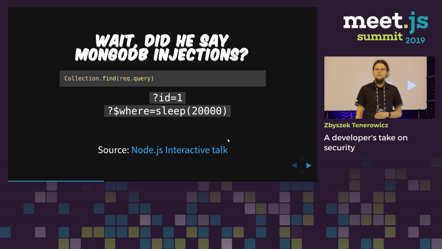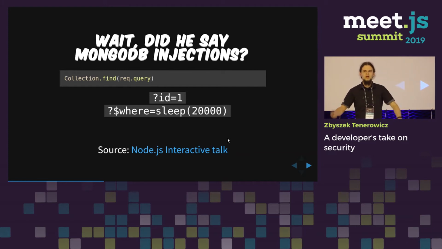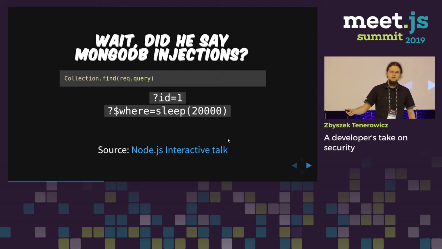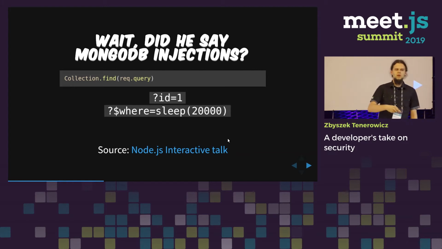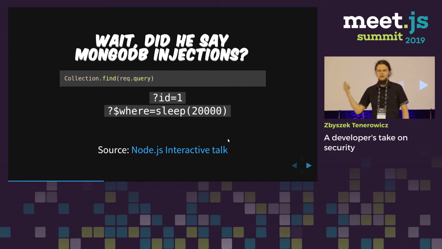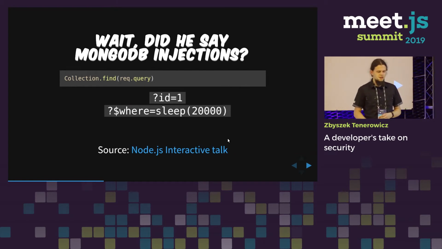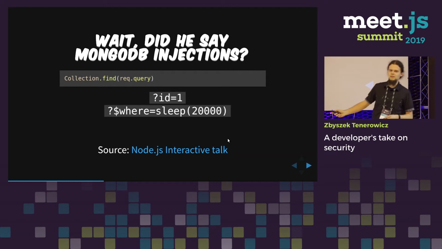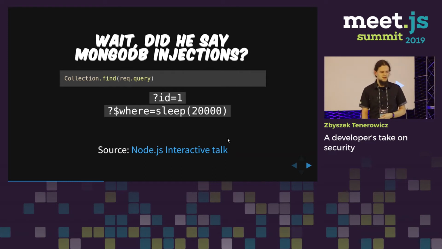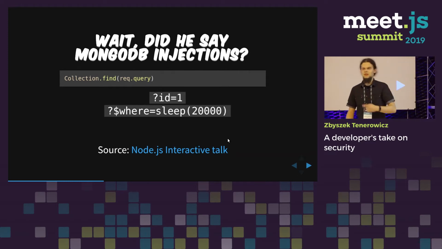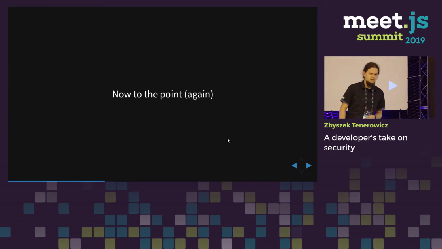You can do this, and it's going to stop MongoDB responding to you for 20 seconds. If you do 5 of those, you're going to exhaust the pool of connections. So you've stopped the app from requesting the database for 20 seconds with 5 requests. Pretty good. There's a whole talk about it, but I've summarized it all for you. It's fun to watch.